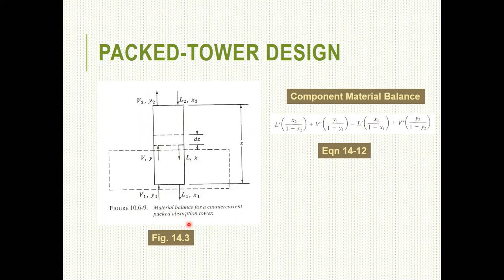What is that? Actually, this one is also the orientation of McCabe. This is how McCabe represents the streams in gas absorption and stripping. This is the same representation that you will see in McCabe's book for the process of gas absorption and stripping. 1 for the streams at the bottom, 2 for the streams on top of the column.